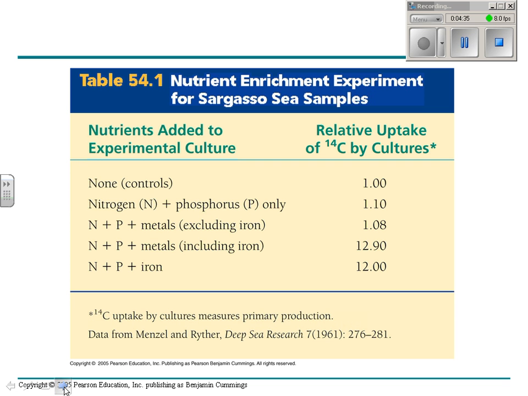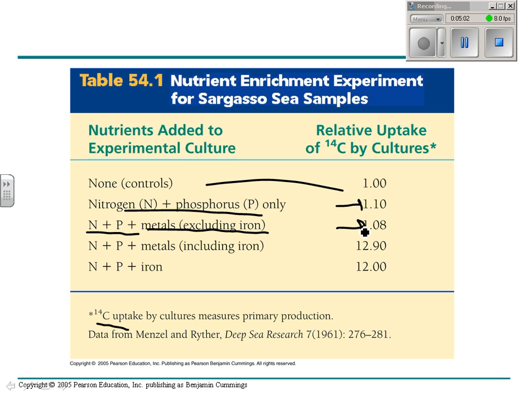Here's one in the Sargasso Sea, where they measured primary production by measuring isotope of carbon uptake. There's lots of different ways to do it, but the controls, no growth, relative uptake. When you just had nitrogen and phosphorus, you had a little bit of uptake.